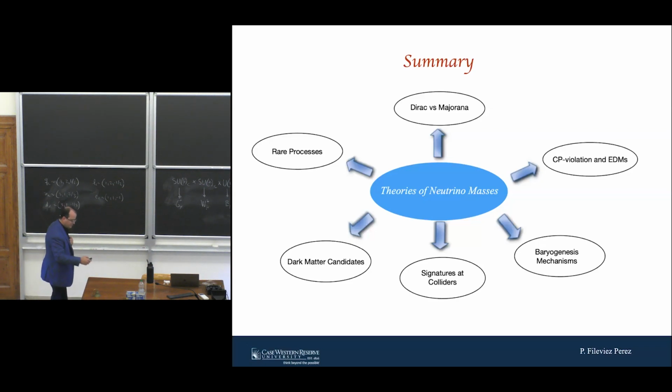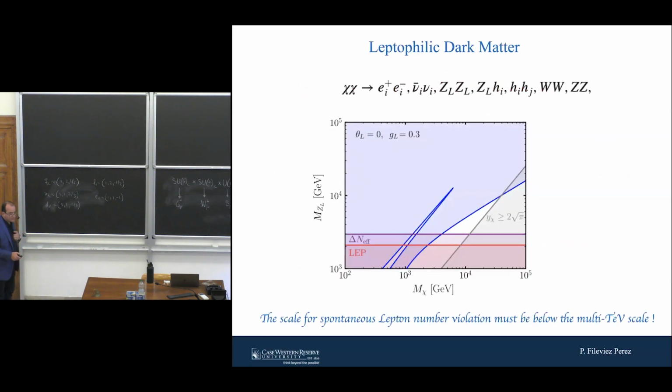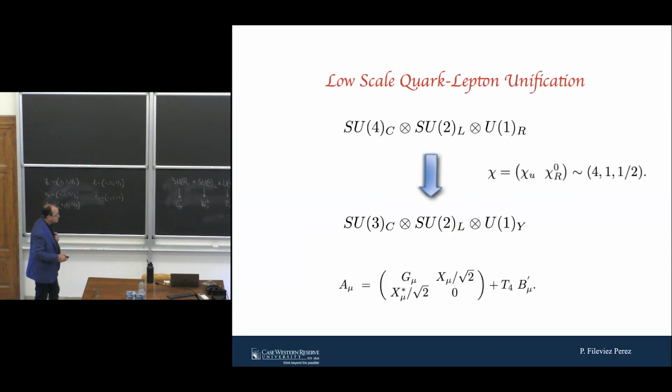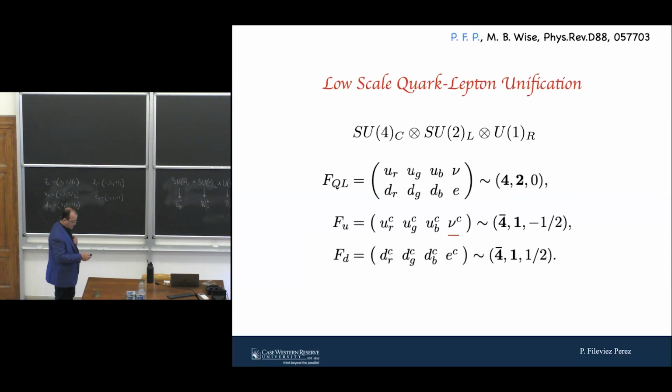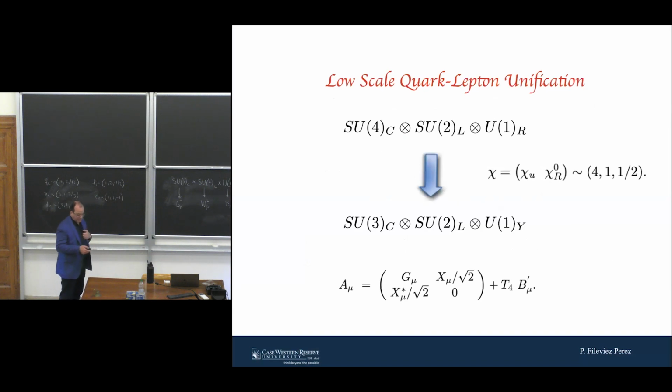Right, let's go there. Okay, when you have QCD, you have the gluons, right? Now, with SO(4), the gauge bosons live in the adjoint representation.